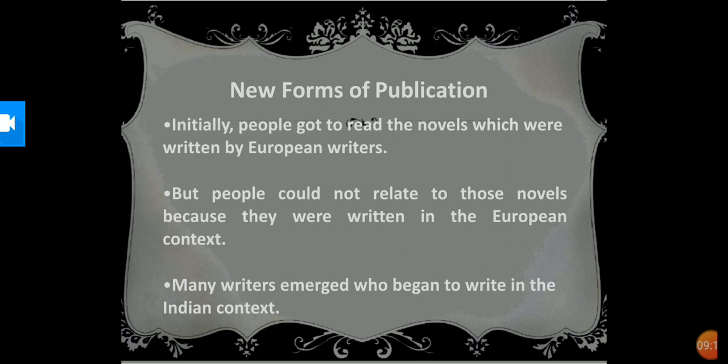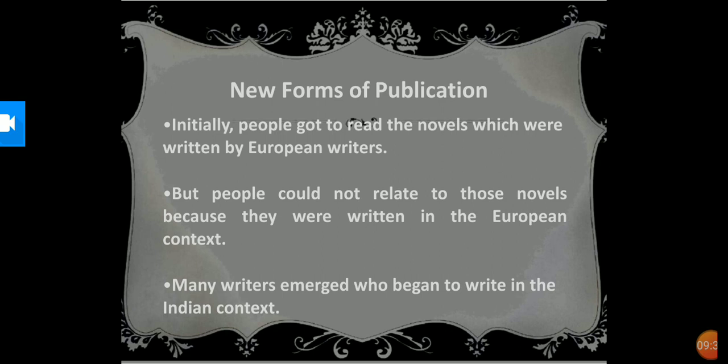The novel, a literary form which had developed in Europe, ideally catered to this need. It soon acquired distinctively Indian forms and styles. For readers, it opened up a new world of experience and gave a vivid sense of diversity of human lives.